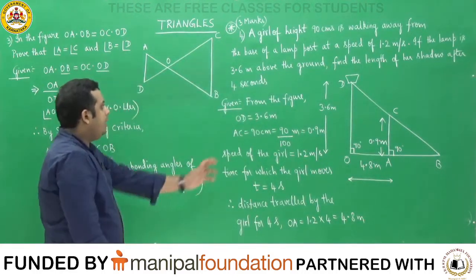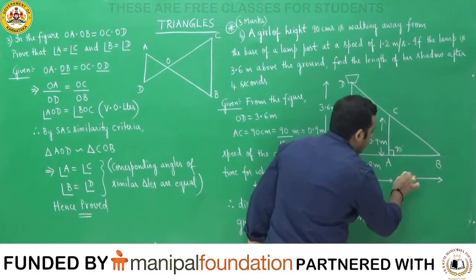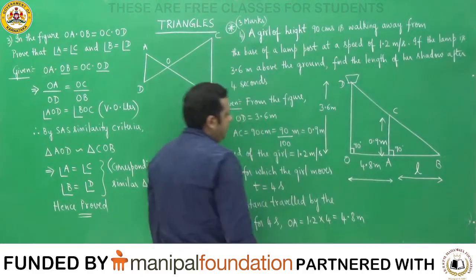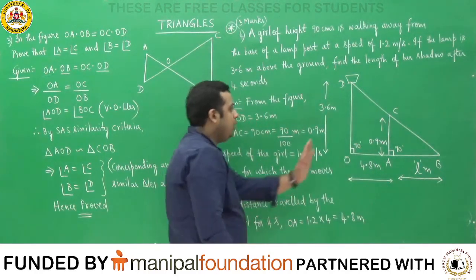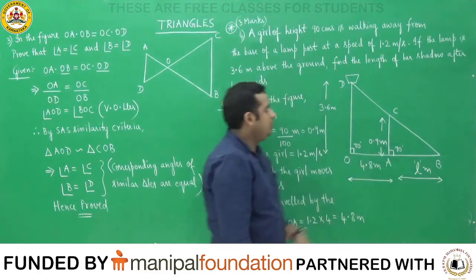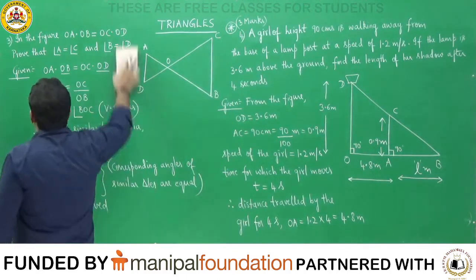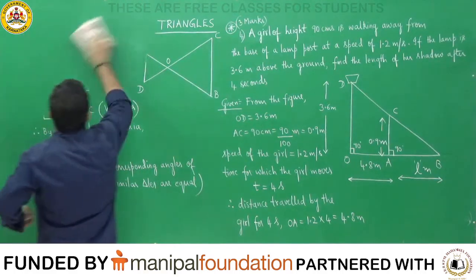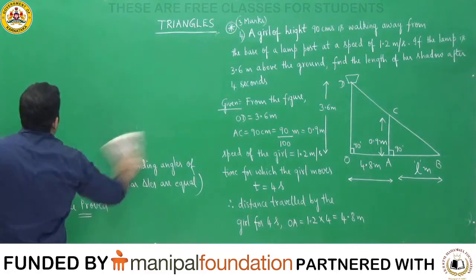Now we have to calculate the length of the shadow after 4 seconds. Now the girl is here at the point A, her shadow is formed here. So AB is what is asked in the question.